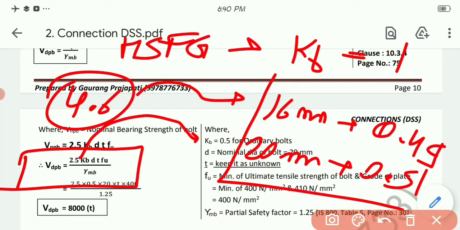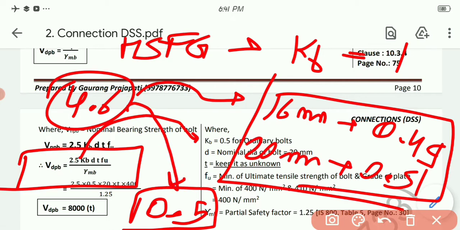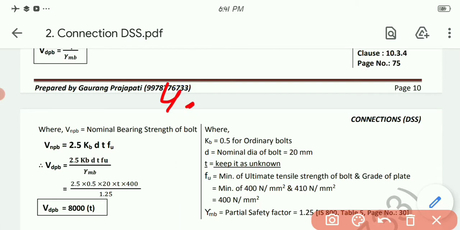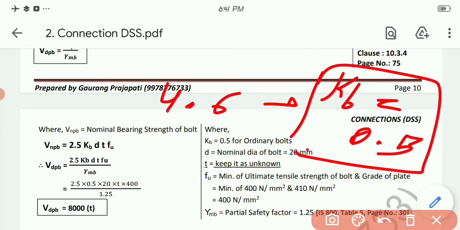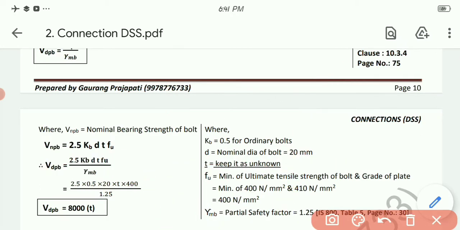So on an average of these two values, we can take kb equals 0.5 for a 4.6 grade ordinary bolt, while for HSFG we will always take kb equals 1. Right now we are using a 4.6 grade bolt, so we take kb equals 0.5. Always remember this rule. If you are using HSFG, meaning 8.8 grade, then the value of kb is always taken as 1. So kb equals 0.5 for an ordinary bolt.